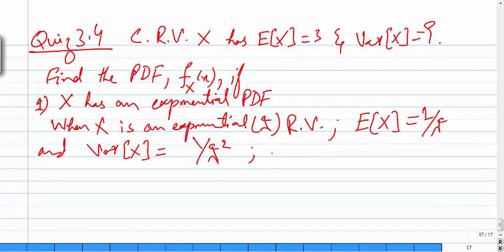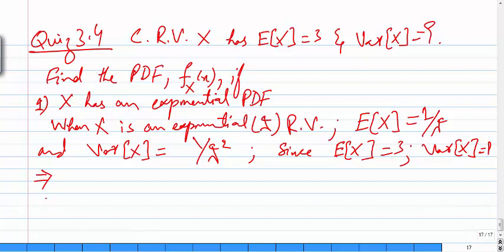Since the expected value of X given to us is 3 and variance of X is 9, this implies that lambda is equal to 1 by 3.